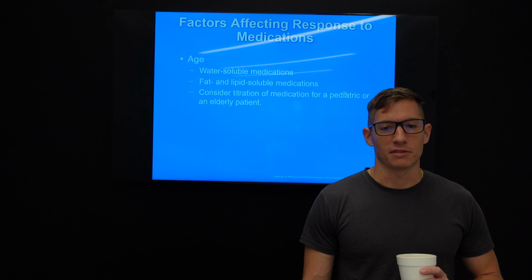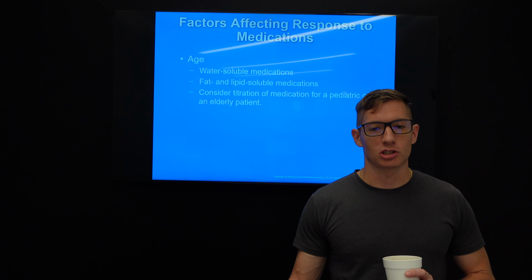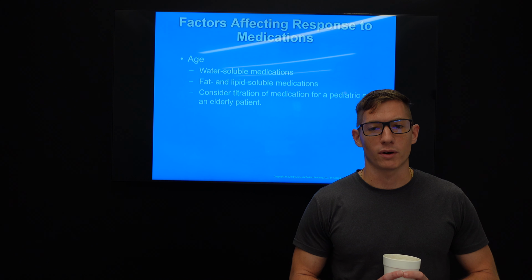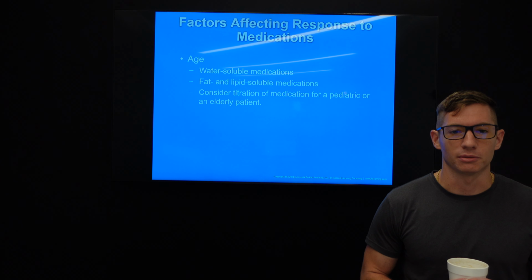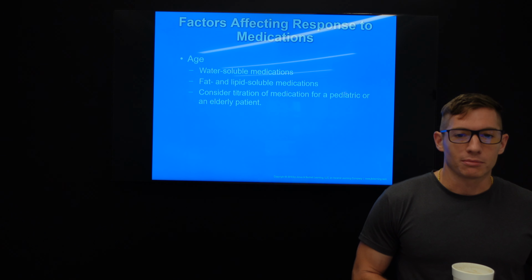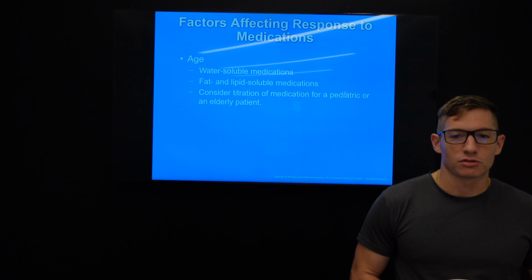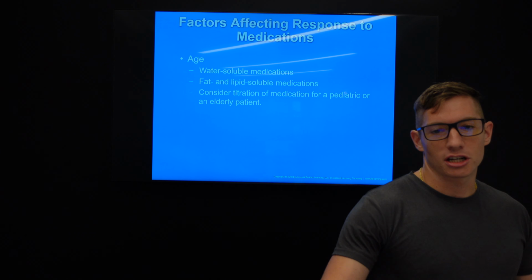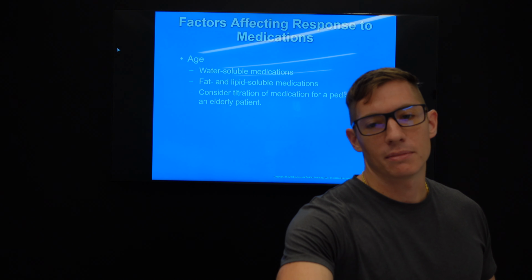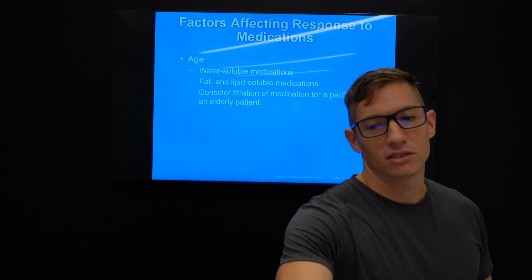If it's fat, then it's lipid-soluble medications, which require higher weight-based doses in elderly people. So whenever we're treating pediatric or elderly patients, we want to consider careful titration of medication rather than administering on a weight-based distribution.